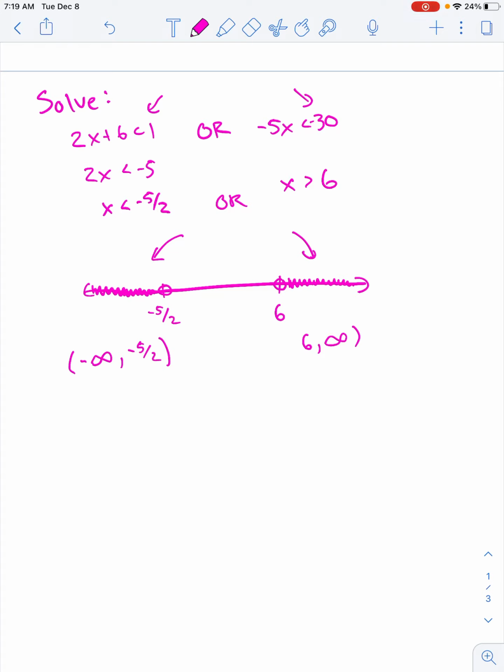And because 6 is not included in my solution, I'm going to put parentheses. And then finally, I just need to put a U between these. U just basically means union. And it basically means, yeah, it could be this, but it could also be that. So that's how I write it in interval notation. So any of these 3 answers would work unless I specifically specify which notation.